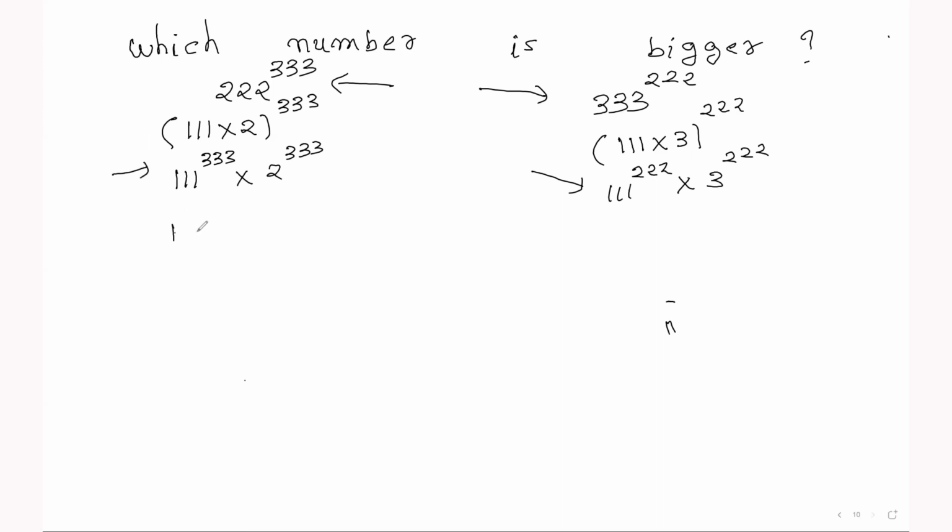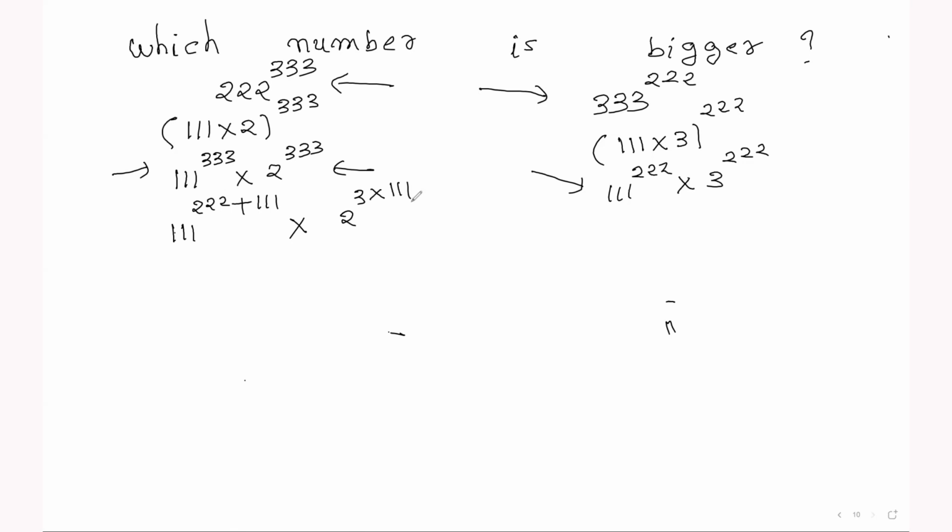So I will work out 333 by splitting it into 222 plus 111, multiplied by 2 power 333, which I'll write down as 2 power 3 multiplied by 111.